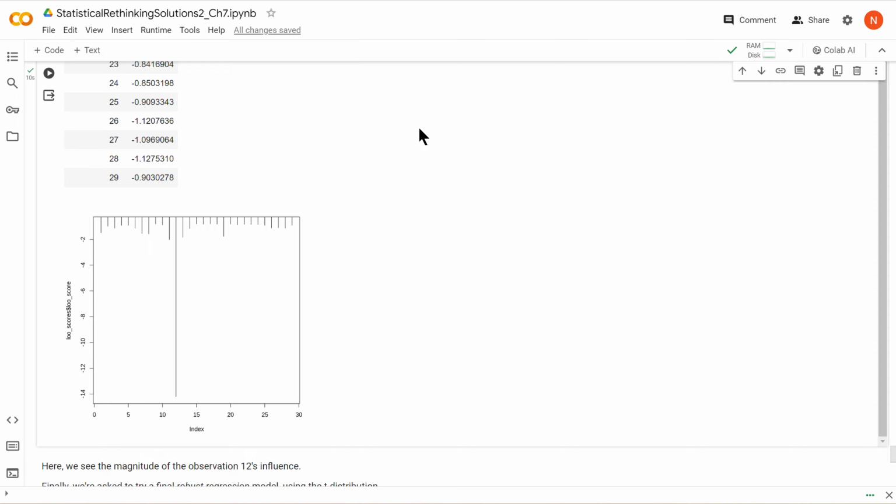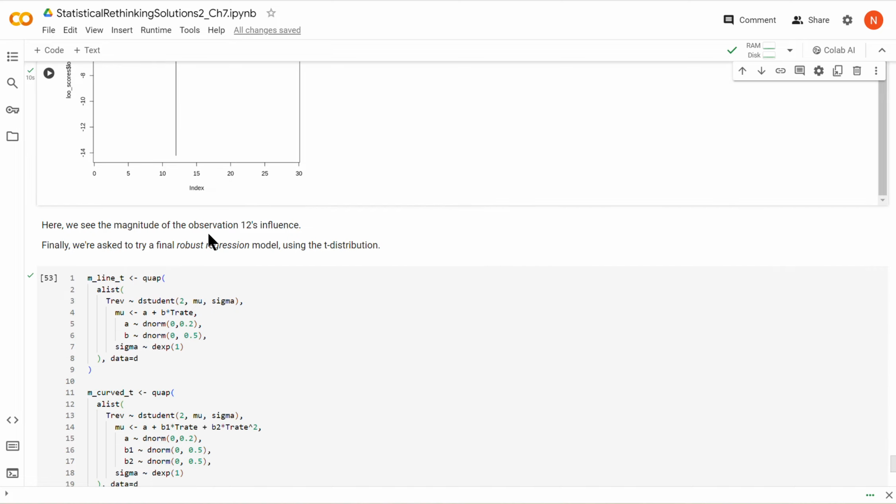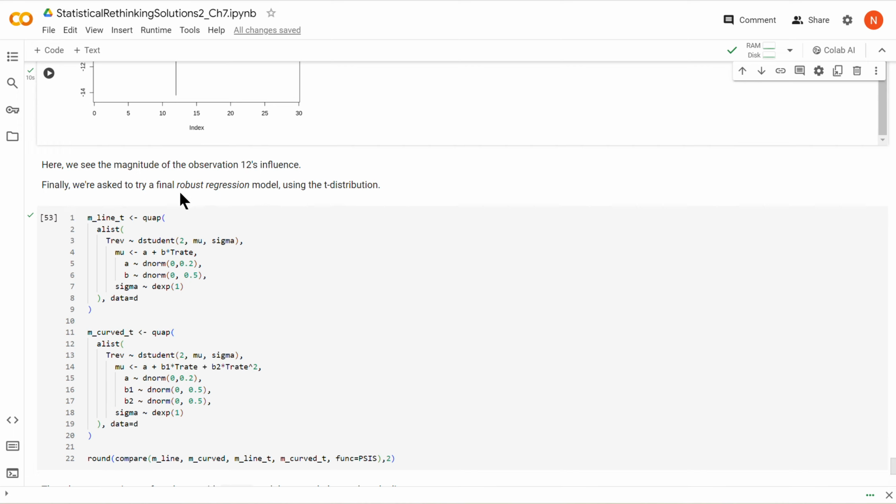In other words, it would seem that that one point is really having a major impact on the fit of our models.